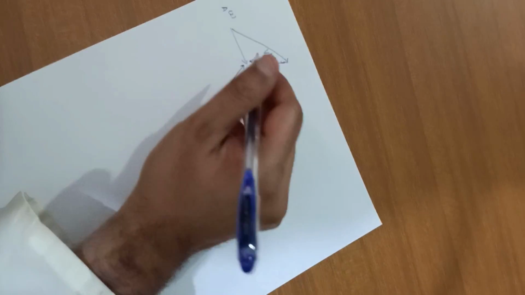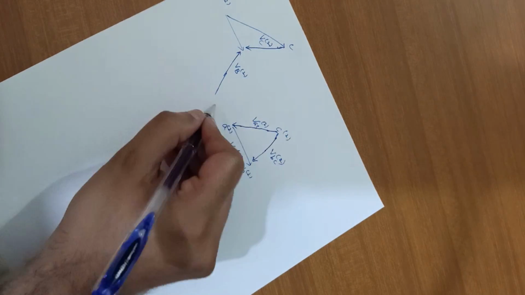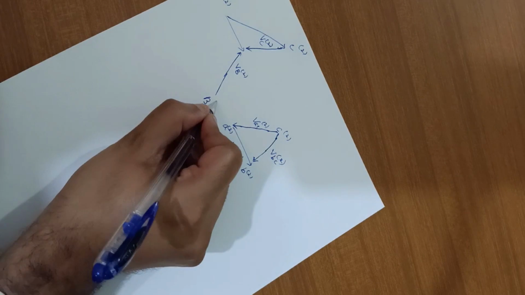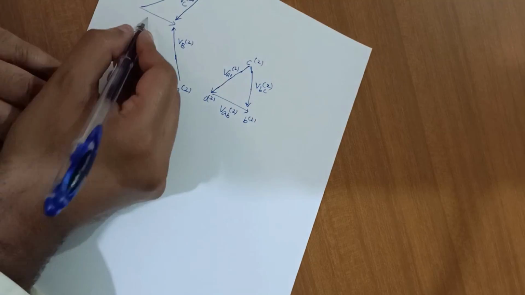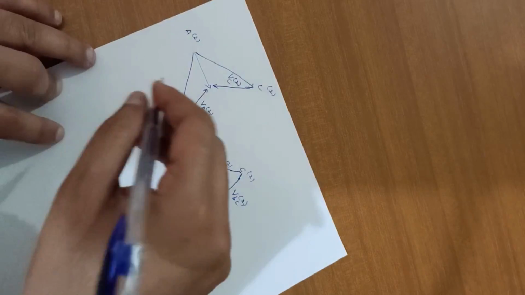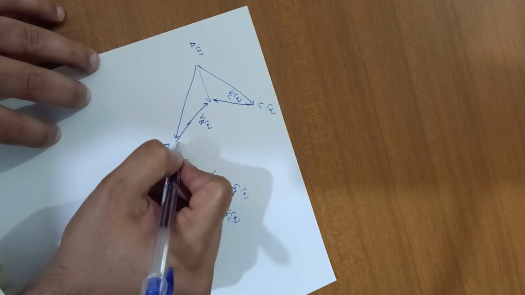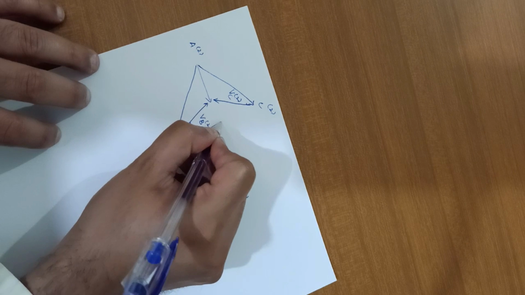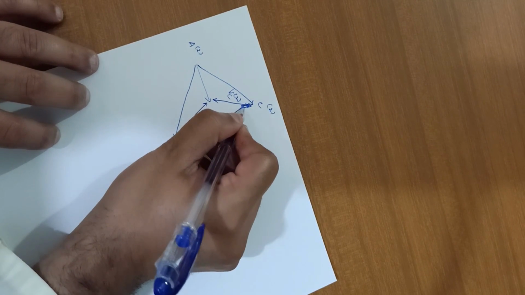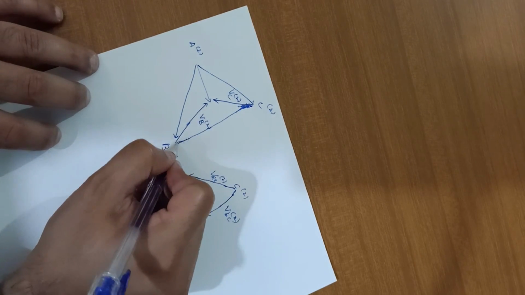So for this purpose we will write here C2, B2, and now we will connect this just like this, and for the third terminal we will make it just like this, right?